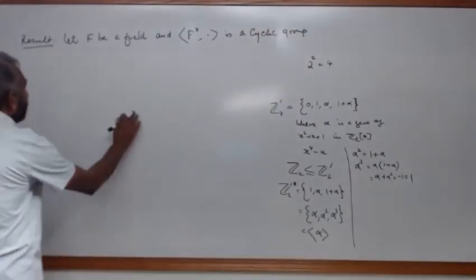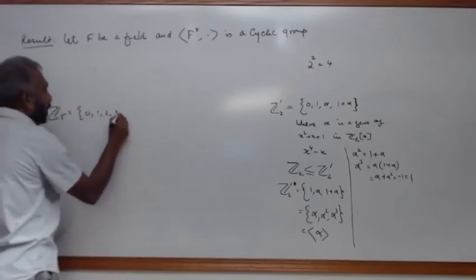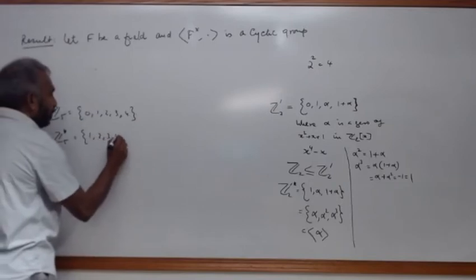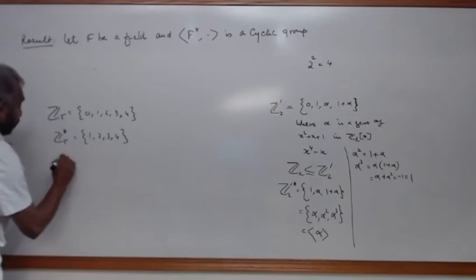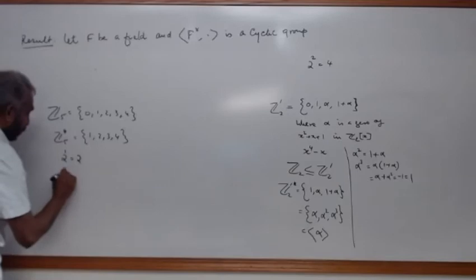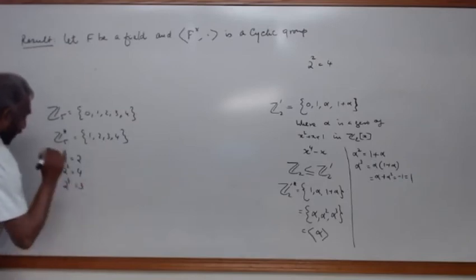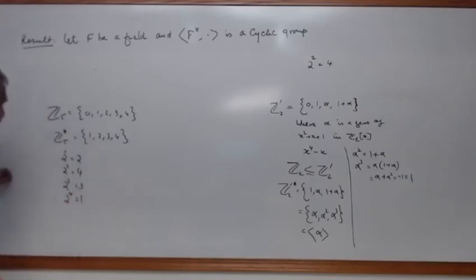Let's take another example, Z5. Z5 is 0, 1, 2, 3, 4, and Z5 star, since Z5 is a field, is equal to 1, 2, 3, 4. Now you take 2. 2 is equal to 2 to the power of 1. 2 square is equal to 4. 2 cube is equal to 3. 2 to the power of 4 is equal to 1.